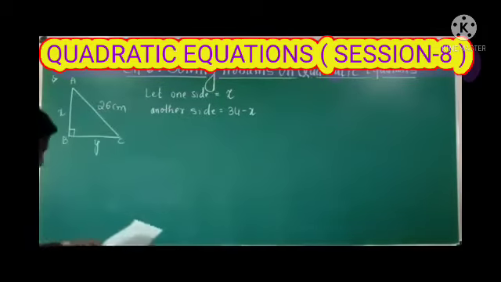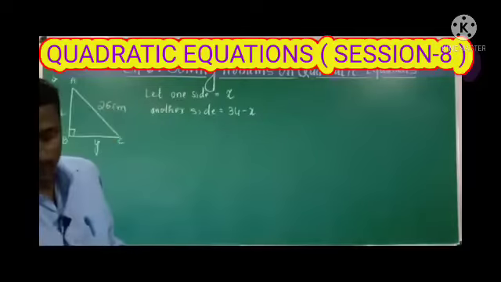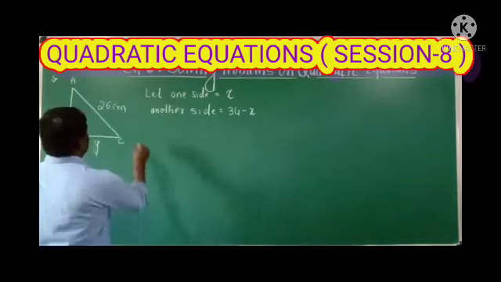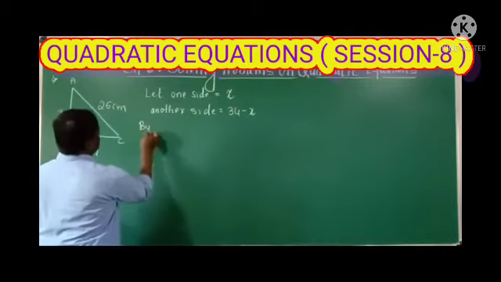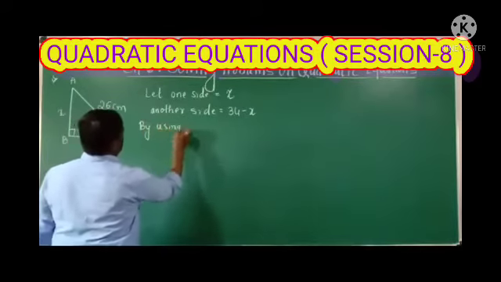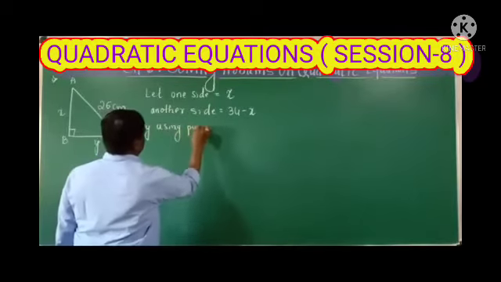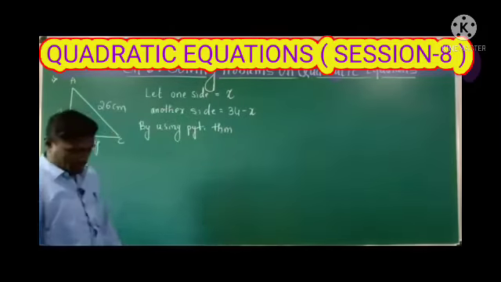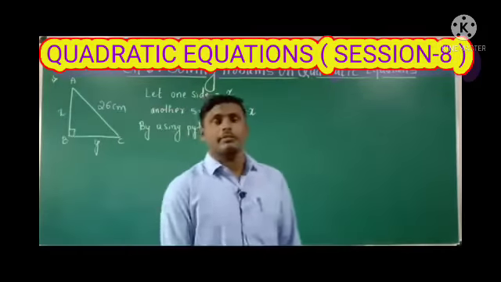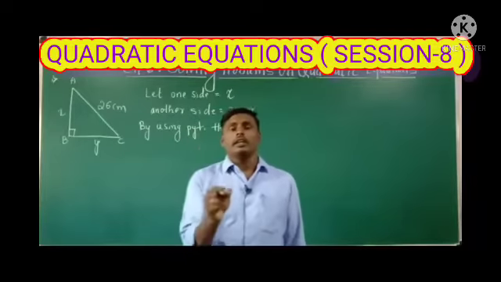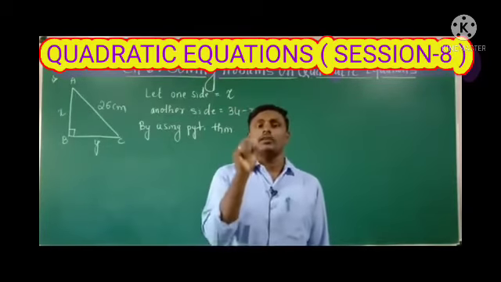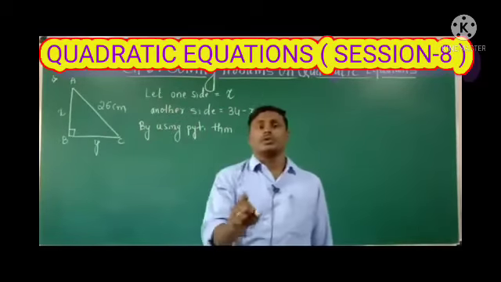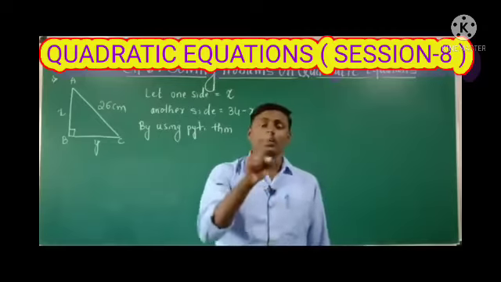Now apply the Pythagoras theorem. What is the statement of the Pythagoras theorem? In any right angle triangle, the square of the hypotenuse is equal to the sum of the squares of the other two sides.